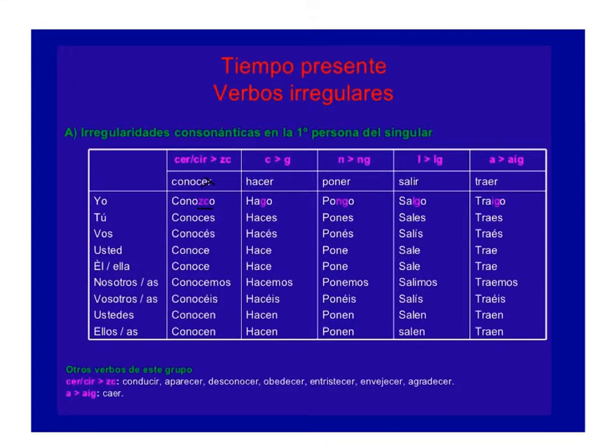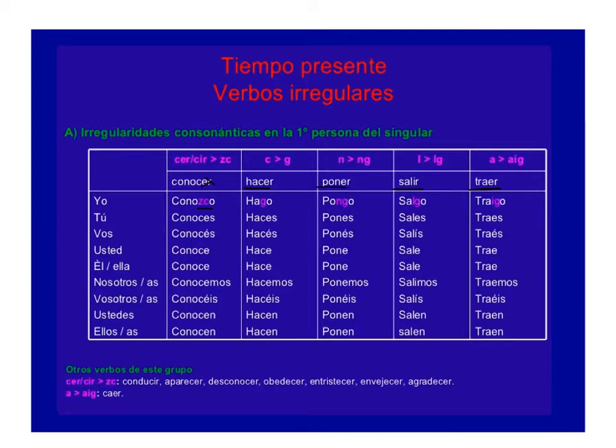The other group of verbs that is only irregular in the yo form are the verbs called go verbs. They're called go verbs because they will change to go, but again, only in the yo form. Examples of these are the verbs hacer, poner, salir, traer.